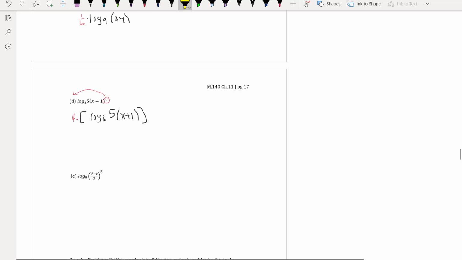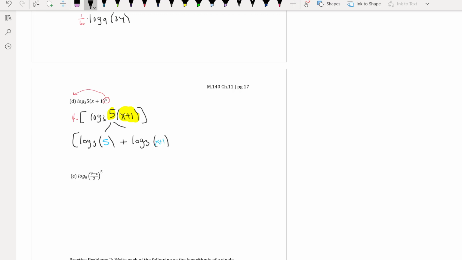What you can see here is that this 5 and this x plus 1 are being multiplied. So I'm going to have to split that into addition. I'm going to have log base 3 plus log base 3. The first thing I'm going to write down is the 5, and the next thing is that x plus 1.